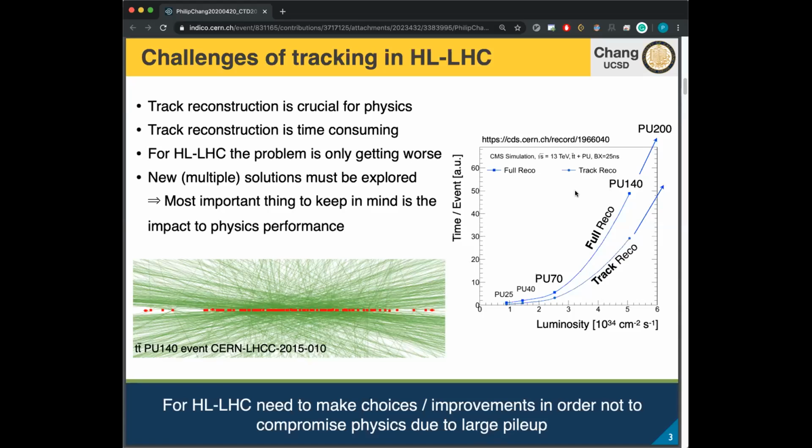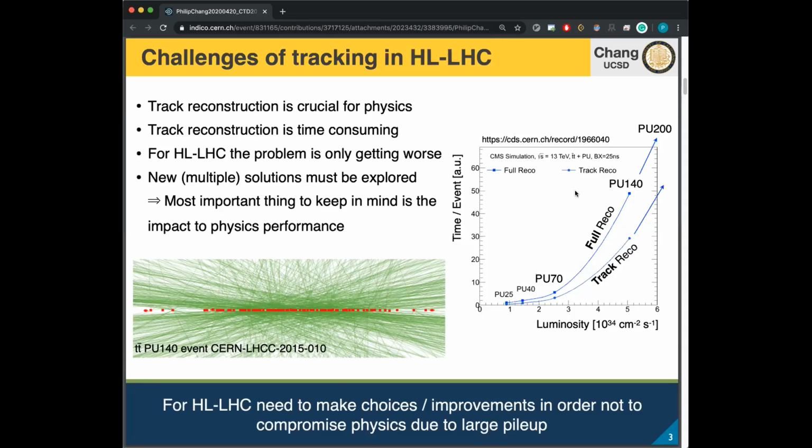And we need to be very mindful of the fact that these choices or innovations are going to impact our physics performance, and we have to keep in mind that it will not compromise the physics due to the large pileup, and we have to be prepared for those things.